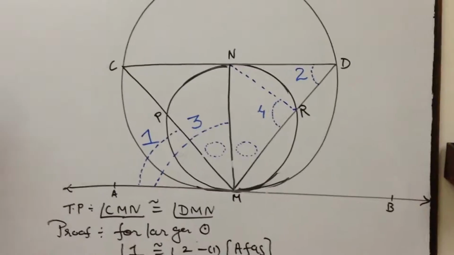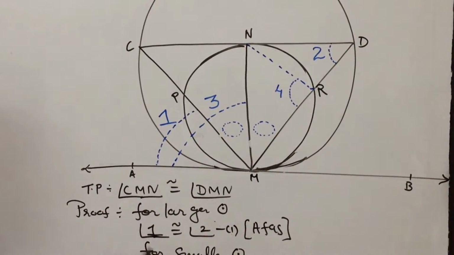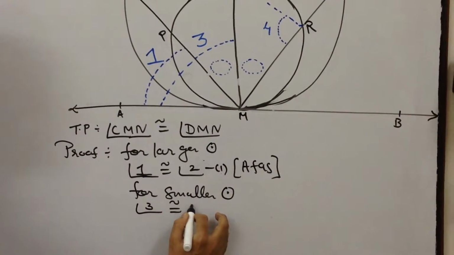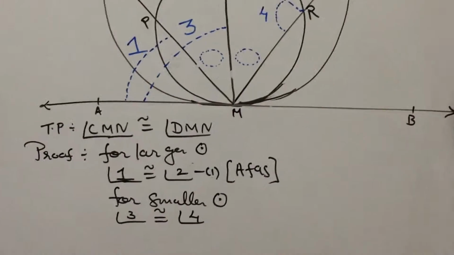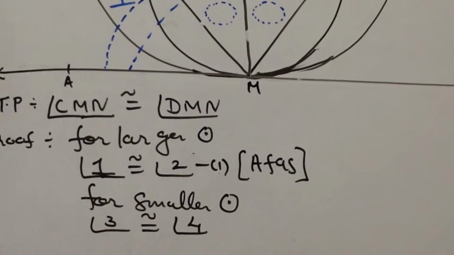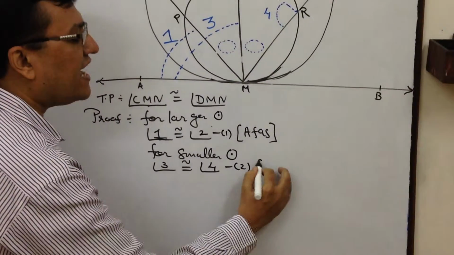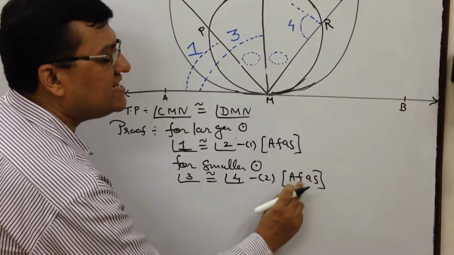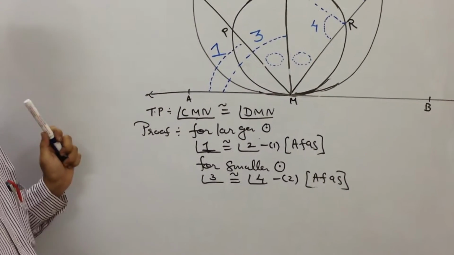What can I say for the smaller circle? Angle 3 is congruent to angle 4, equation 2. Again I say this is AFAS, that is, angles formed in alternate segment.